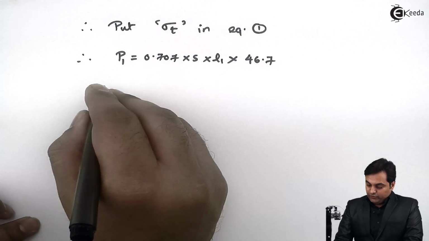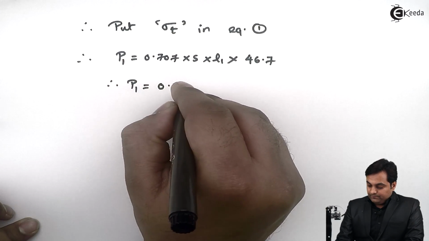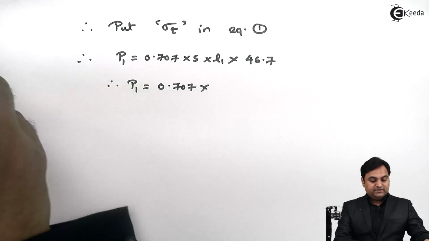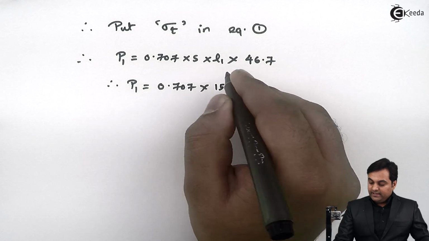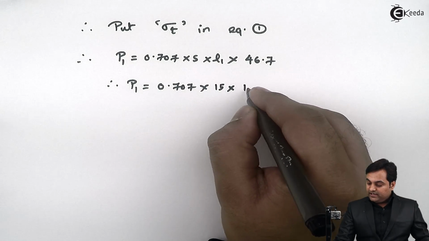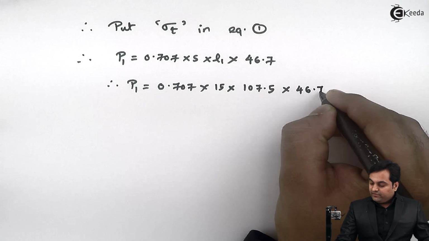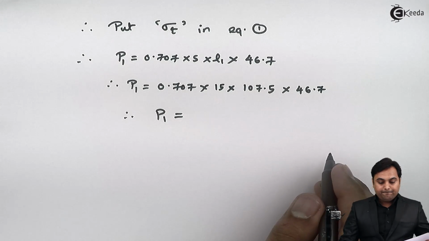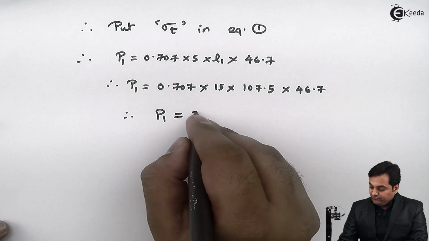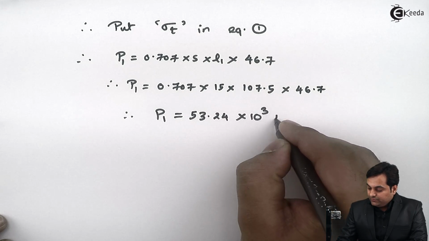So P1 will become S is given in the question, that is 15, the thickness of the plate. L1 we have calculated at the start, it was 107.5, into 46.7, and the answer of P1 comes out to be 53.24 into 10 raised to 3 Newton.